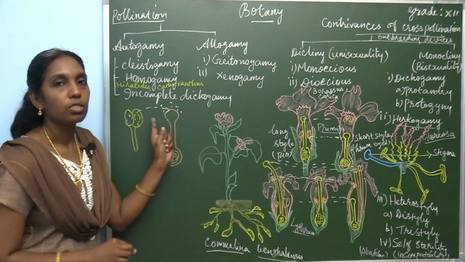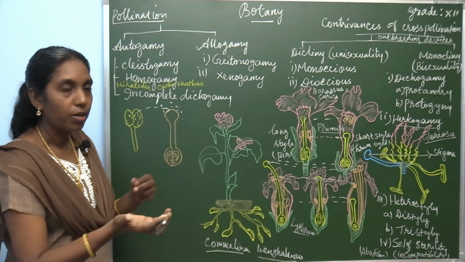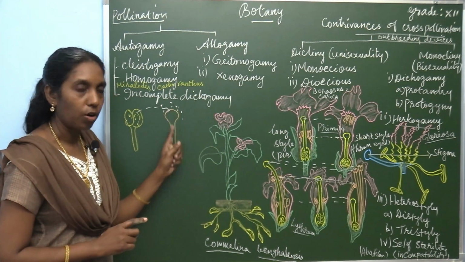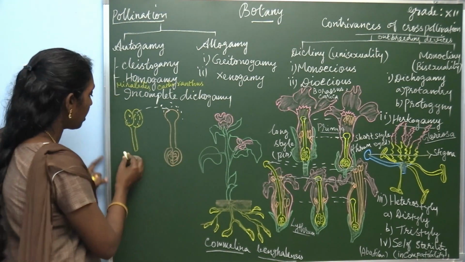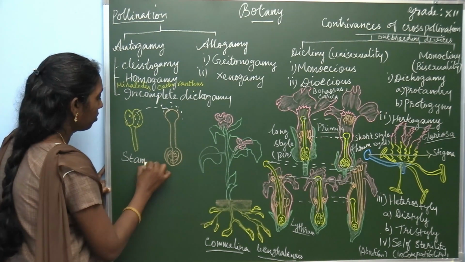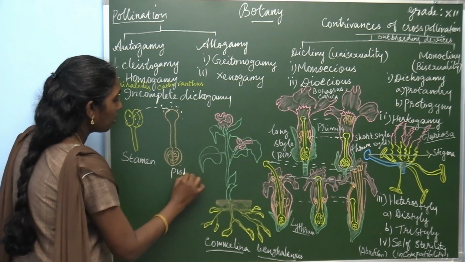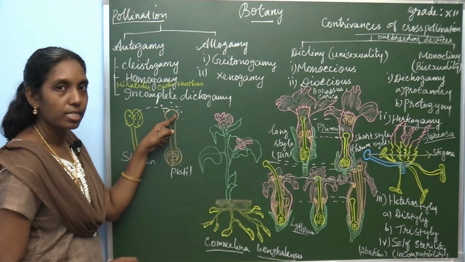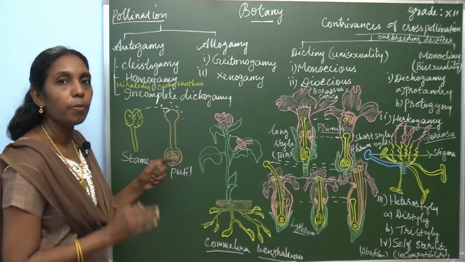This process is called pollination. Transfer of pollen grains from this anther to the stigmatic surface of the pistil is called pollination. This is the stamen and this is the pistil.